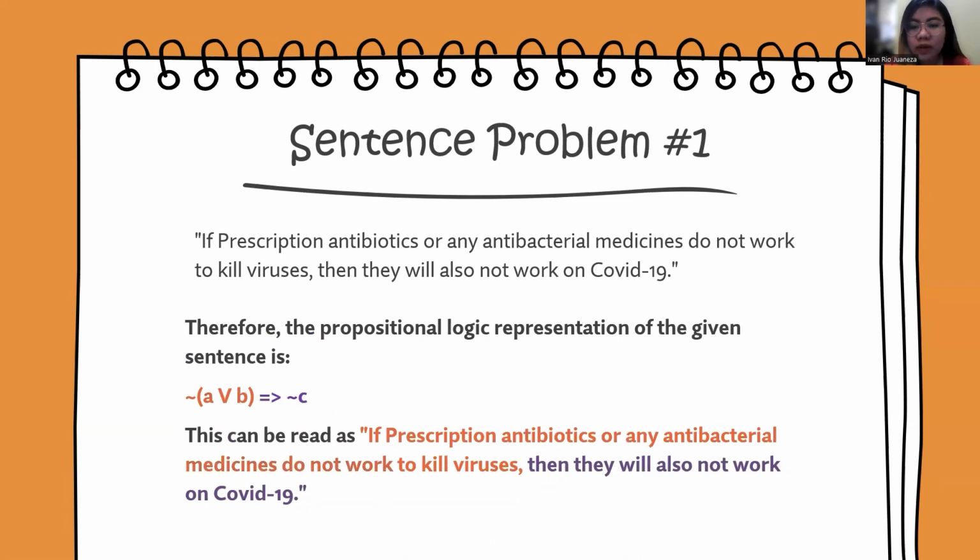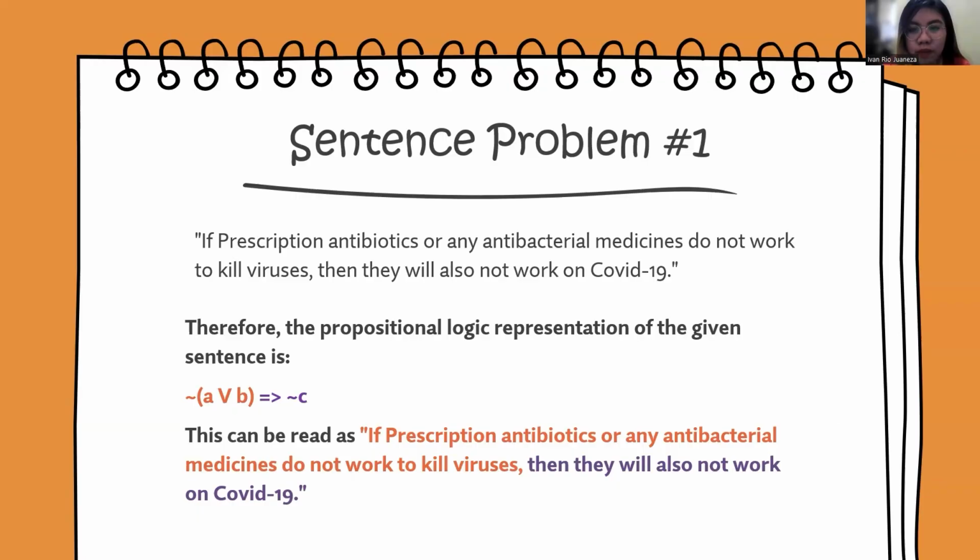Therefore, the propositional logic representation of the given sentence is negation of A or B is negation of C. This can be read as, if prescription antibiotics or any antibacterial medicines do not work to kill viruses, then they will also not work on COVID-19.